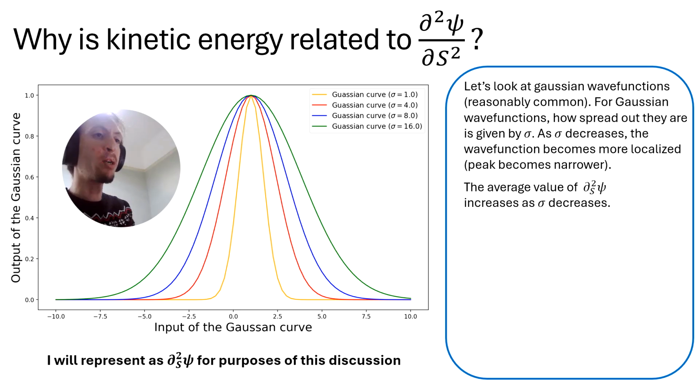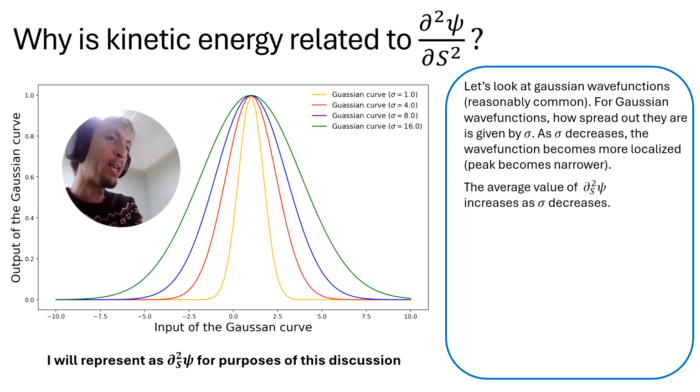Or at least the second order derivative of the magnitude of our wave function, although we're dealing with real functions, so it doesn't really matter here. Now you might go, well, is the average value zero because the curve is increasing and then decreasing in gradient, but you get what I mean.